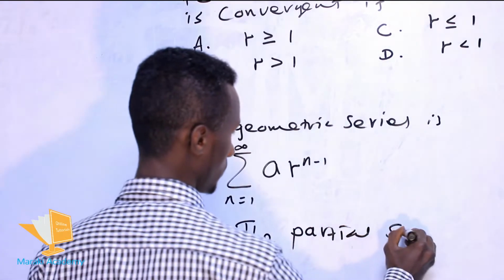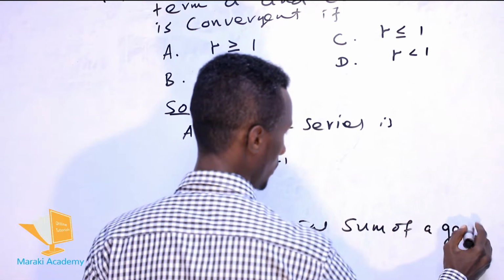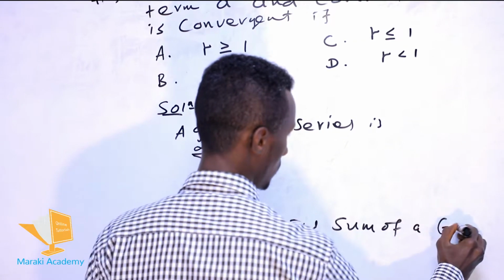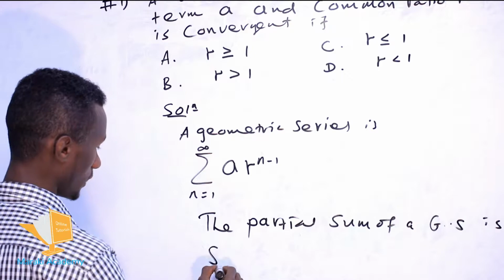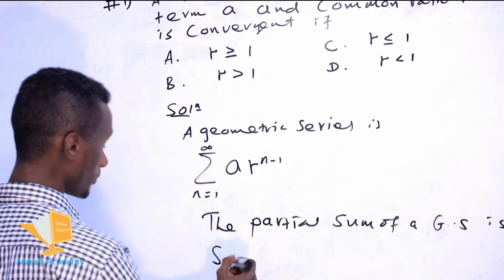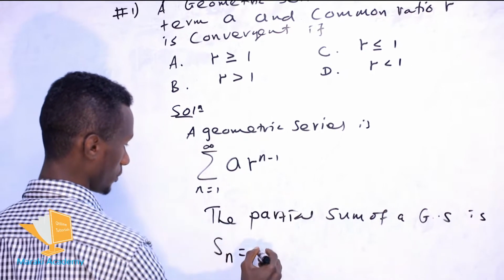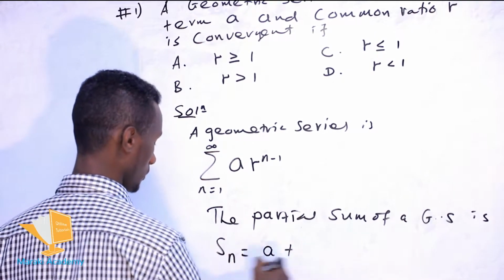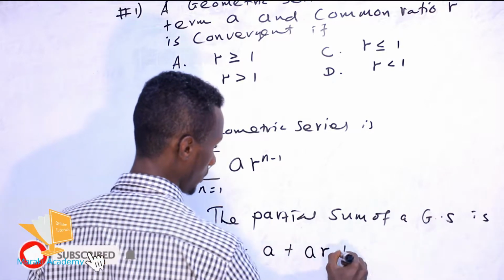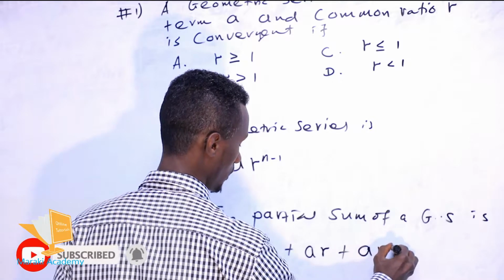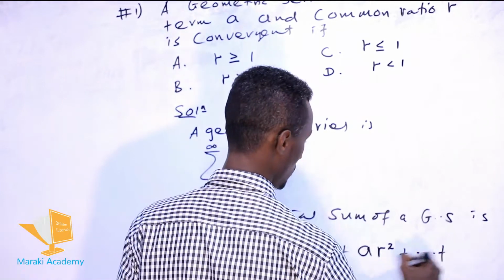The partial sum of a geometric series is as follows. For Sn, if n is 1, the first term is a, plus if n is 2, we can represent it by a times r, plus a times r squared, which continues up to the previous term, n minus 1.